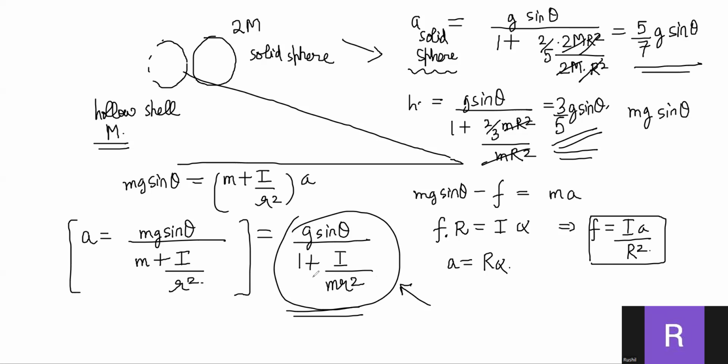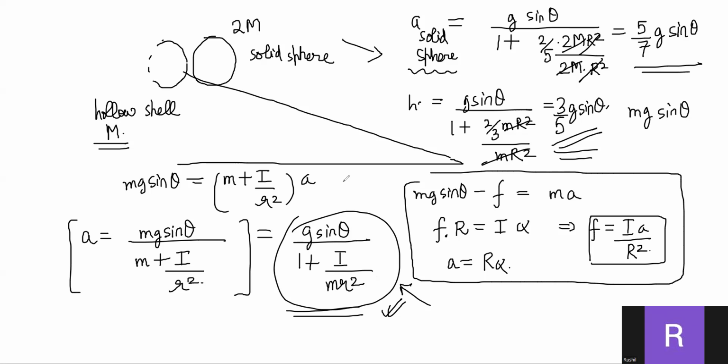And this question, you've never seen this formula being derived? I have. This is a standard derivation of any situation on an inclined plane. You can't do this question by conceptually thinking. You have to calculate it and see what is coming. There is a difference between moment of inertia and mass.